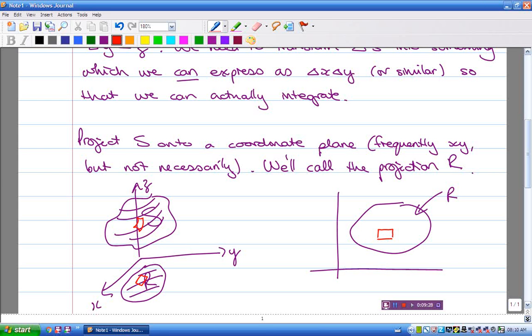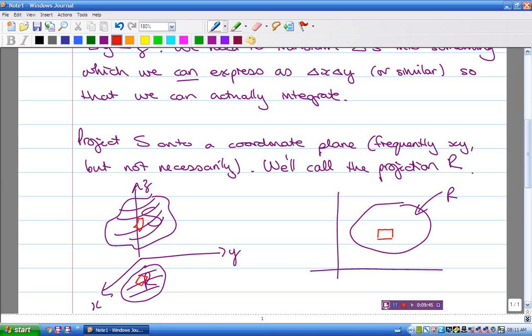That's the rectangle on S that, when you project down onto the xy plane, would form that red rectangle in R. And I'm very deliberately drawing the rectangle in R parallel to the x and y axes.